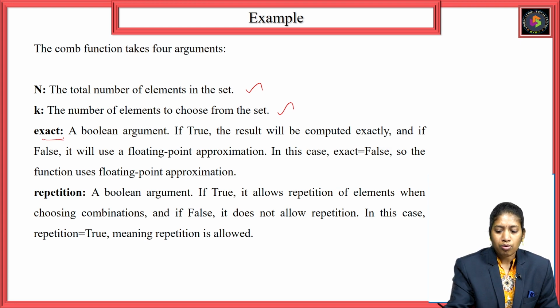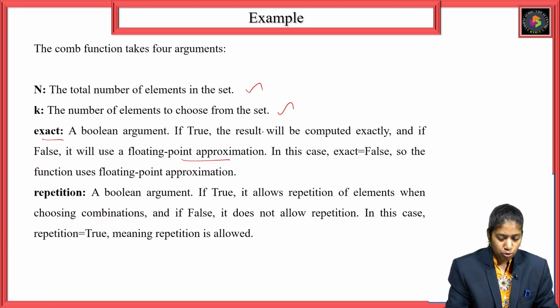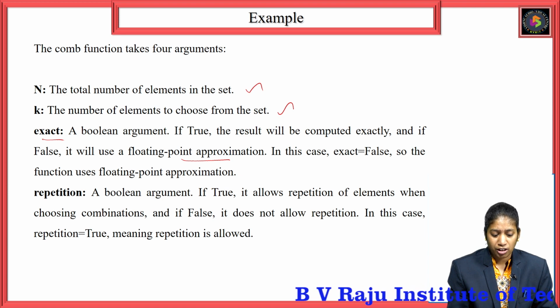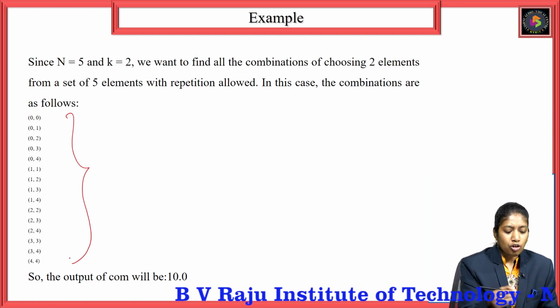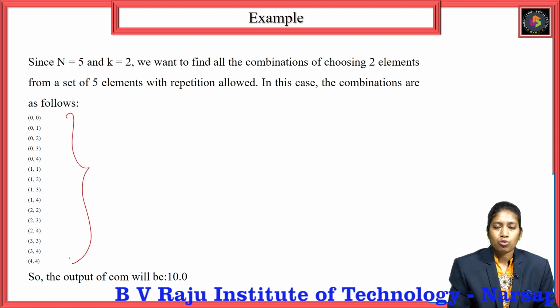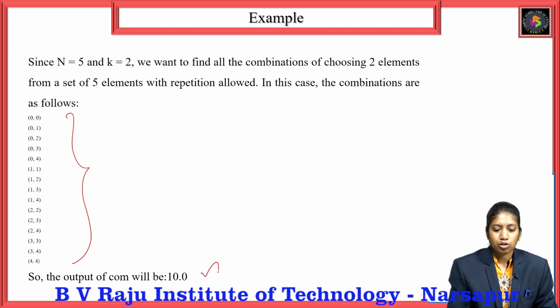If it is false, it is a floating point approximation, so we will get a floating point value here. Repetition equals true means it allows repeated elements while choosing the combination. If it is false, it doesn't allow repeated combinations. So here, for n equals 5 and k equals 2, finally we got a result of 10.0.